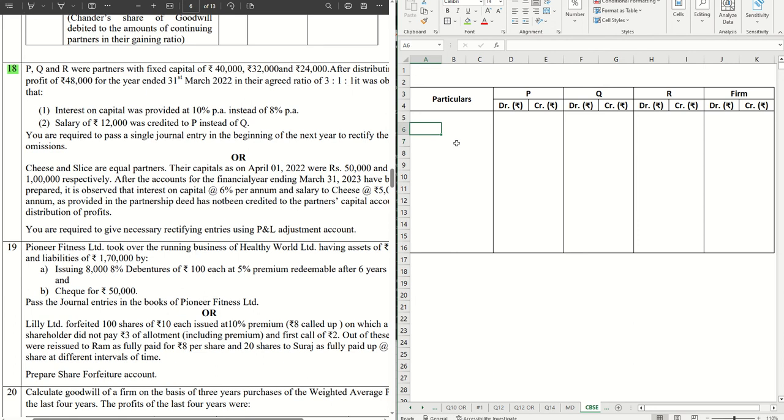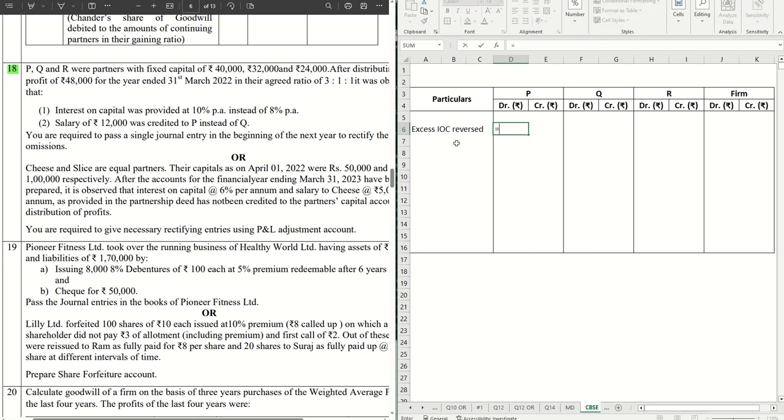We have to do it quicker and faster. So excess interest on capital adjusted or reversed. So that will be 2%, and as you know, this is excess, so this will be debited to the partner's capital account and will be shown on the credit side of the firm, which is the P&L appropriation account.